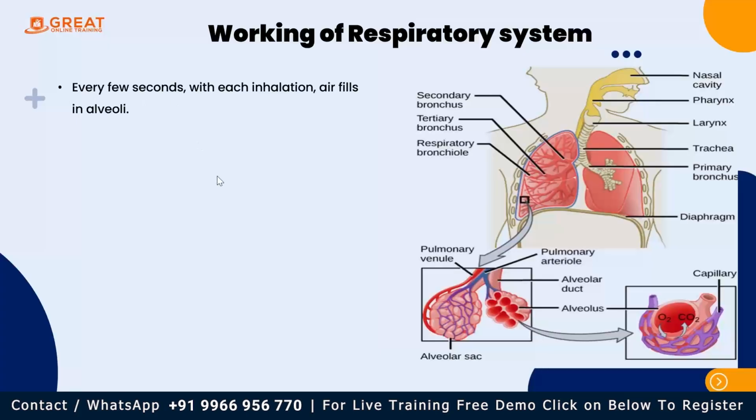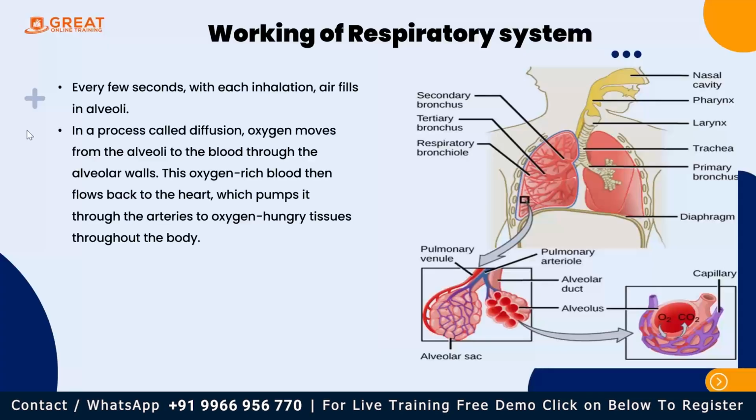Every few seconds, with each inhalation, air fills the alveoli in a process called diffusion. Oxygen moves from the alveoli to the blood through the alveolar walls. This oxygen-rich blood then flows back to the heart, which pumps it through the arteries to oxygen-hungry tissues throughout the body.